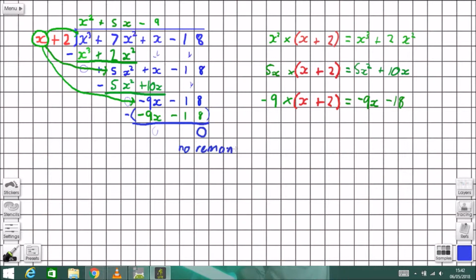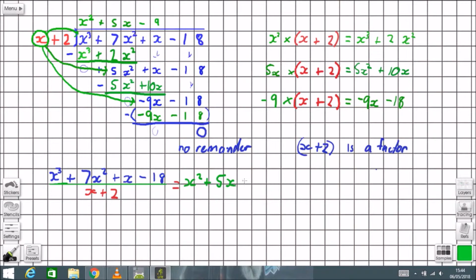In fact, we have no remainder, and that's because the x plus 2 term in this case was designed to be a factor, and you could have checked it using factor theorem at the beginning. x plus 2 is a factor of our blue polynomial, hence no remainder. So x cubed plus 7x squared plus x minus 18 divided by x plus 2 gives us the answer x squared plus 5x minus 9.